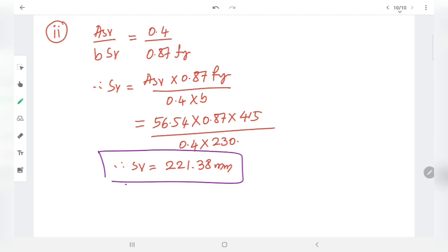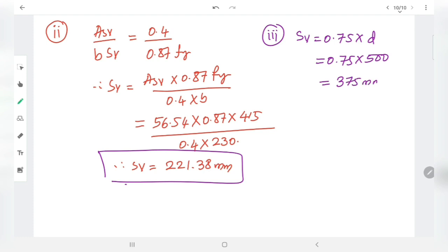Apart from these two, we have another 2 guidelines. The third one is SV is equal to 0.75 times the effective depth, that is 0.75 into 500, which is 375 mm.